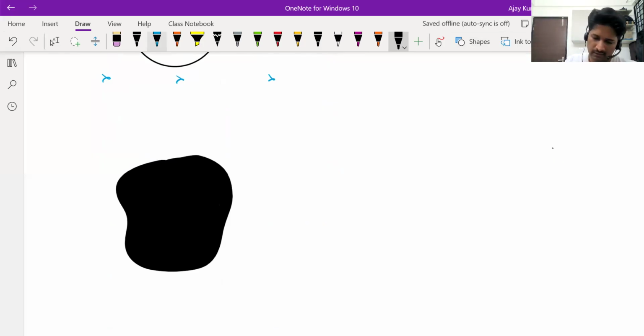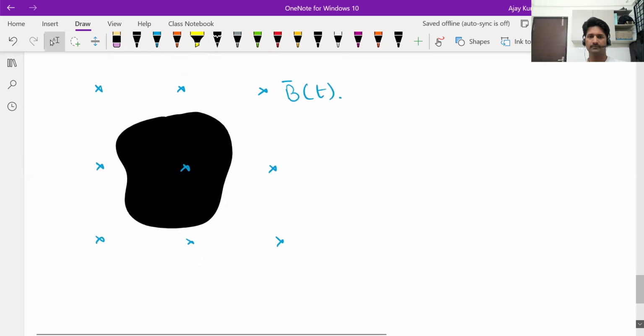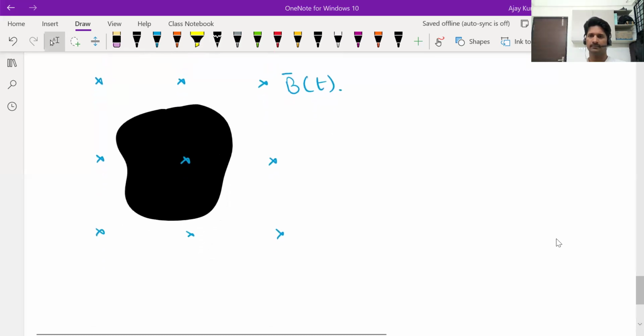Imagine there is a magnetic field into the plane of the screen. And assume it varies with time. What does a time varying magnetic field produce?